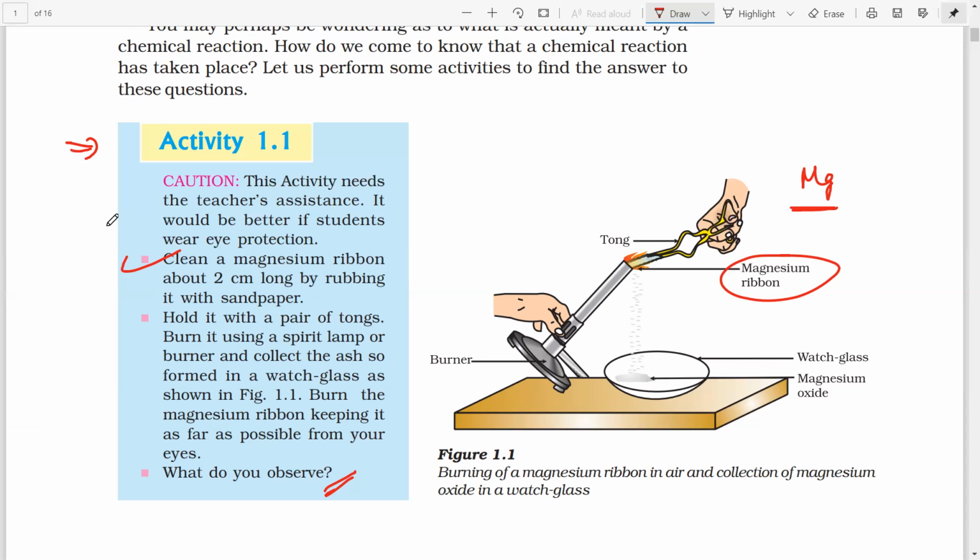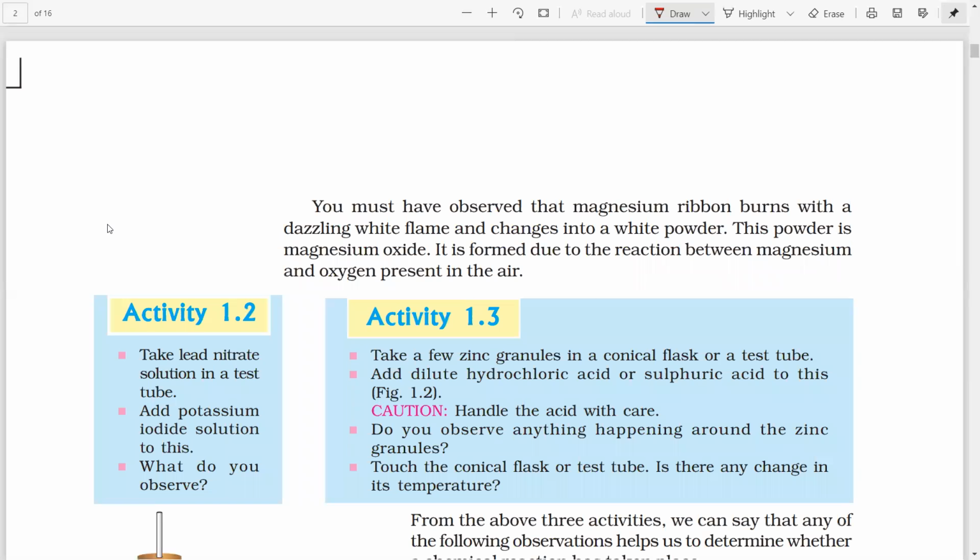Let's see what it says. Yeah, so you must observe that the magnesium ribbon burns with a dazzling white flame and changes into white powder. So if you have a book with you, underline this part from here to here. It's important. And not only that part, this one also. This powder is magnesium oxide.